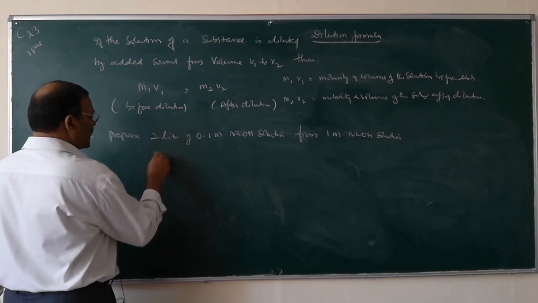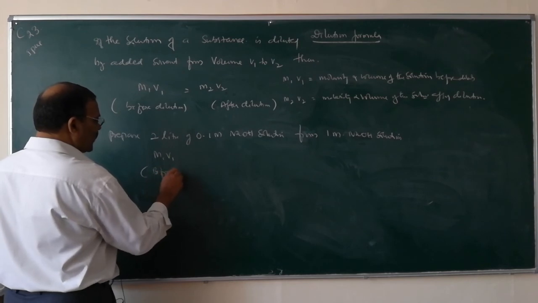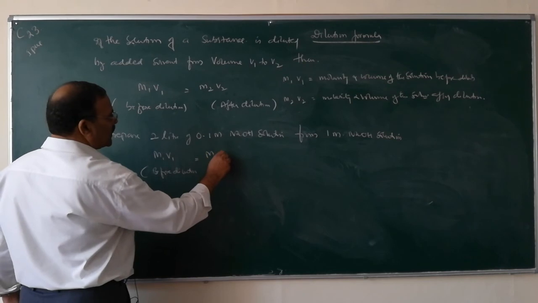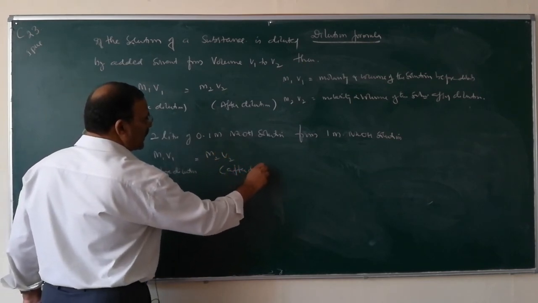So M1 V1 before dilution equals M2 V2 after dilution.